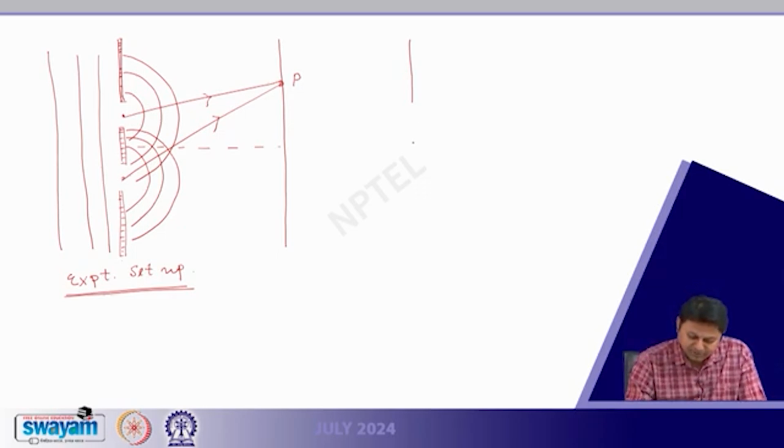Here we would like to draw the overall structure. This is basically the double slit. This is the opaque region.